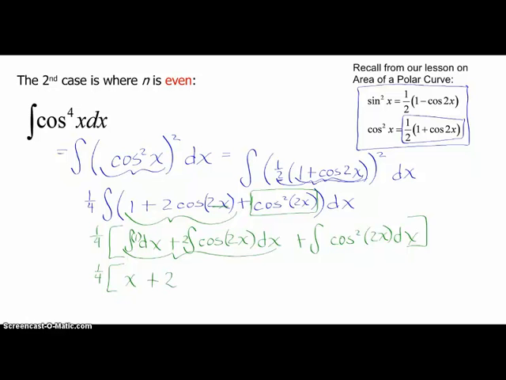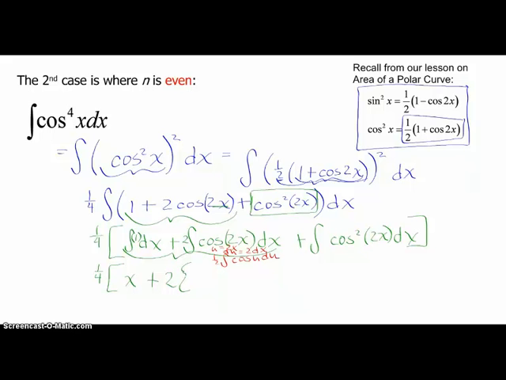I'll pop my 2 out front. This is a u substitution where u is 2x. Therefore, du would be 2 dx. I'm off by a constant of 1/2. So this is 1/2 the cosine of u du.